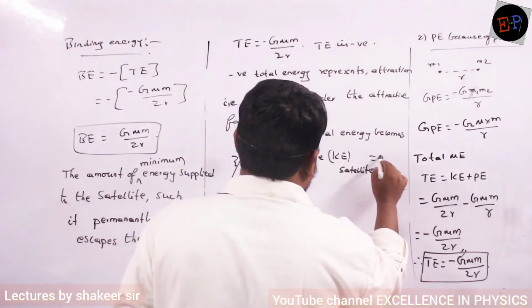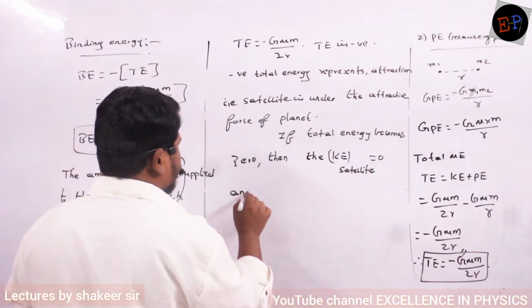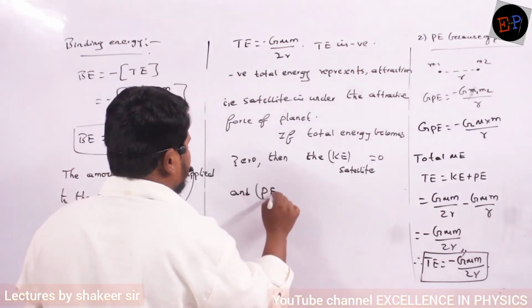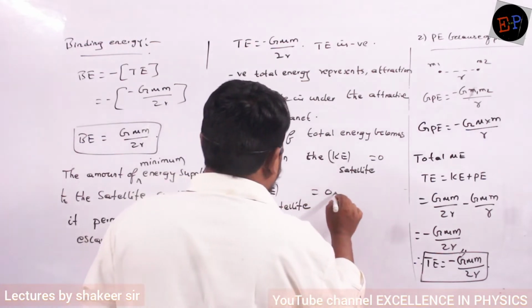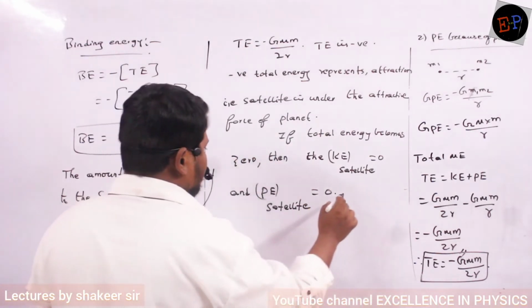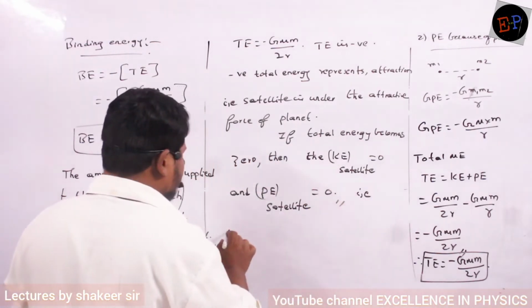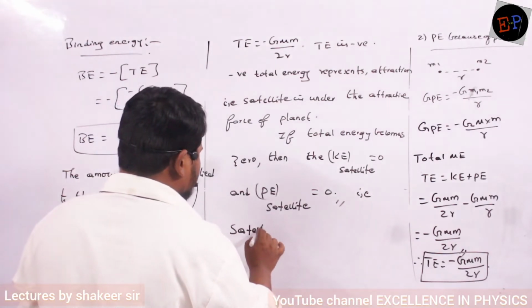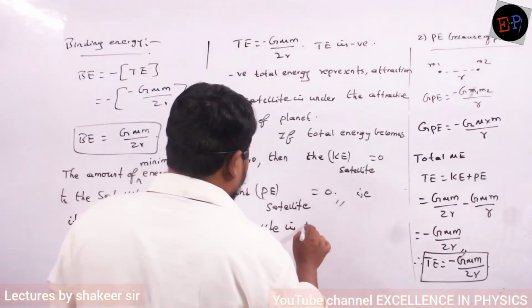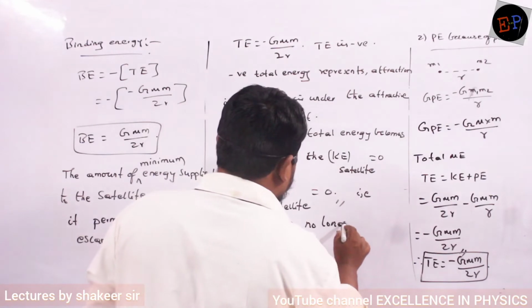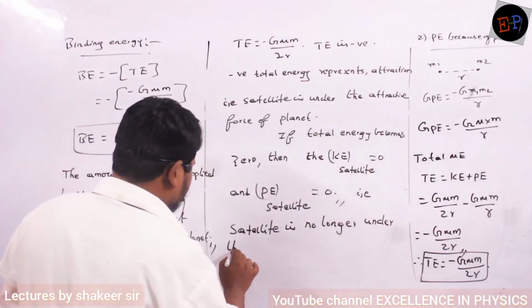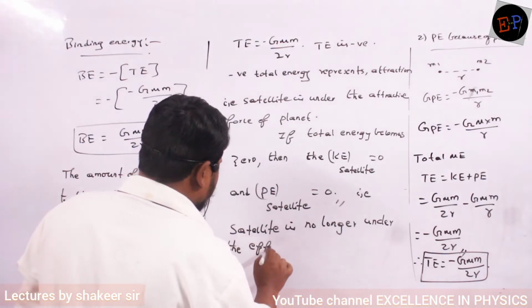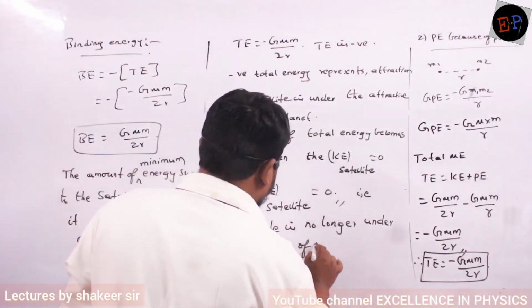Kinetic energy of the satellite will be 0, and the potential energy of the satellite also will be 0. That is, the satellite is no longer under the effect of the planet.